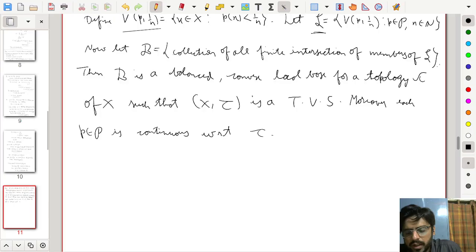Okay, so let us start the proof. So I am defining tau like this.